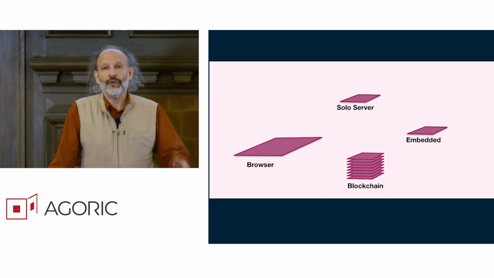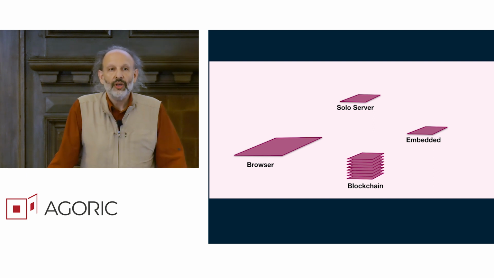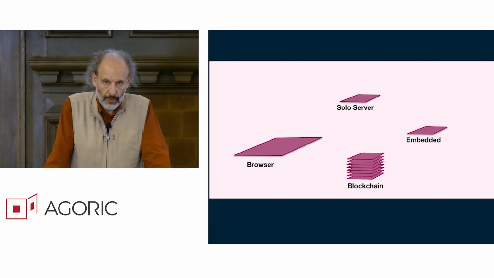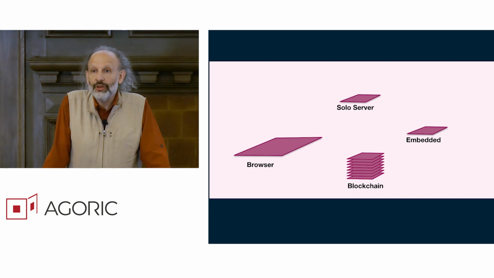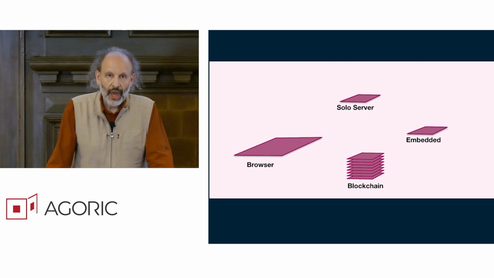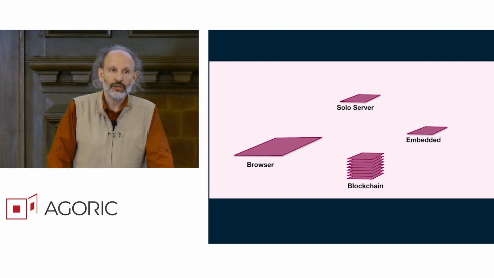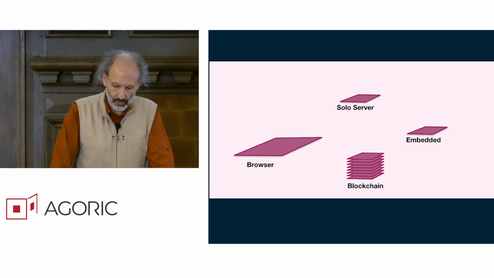It's also now very, very prominent on single machine servers. It's also very prominent, but not well known to be prominent, in embedded devices. Probably some of the devices in your house are actually running JavaScript. And of course, now we're running JavaScript on blockchain.